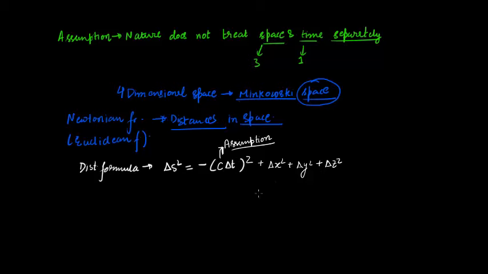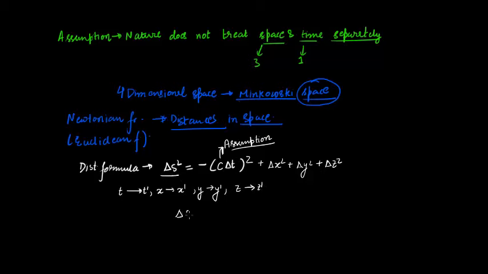And if we wish our distance to remain invariant under certain coordinate transformations, so that means that if we switch from t to t prime, from x to x prime, from y to y prime, and from z to z prime, then our distance must remain invariant.